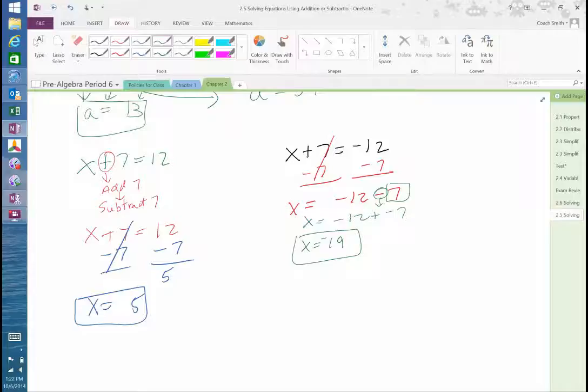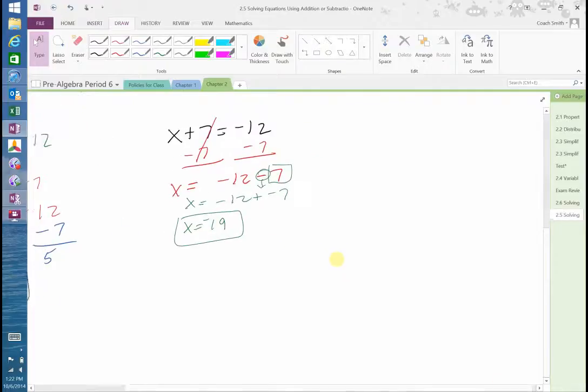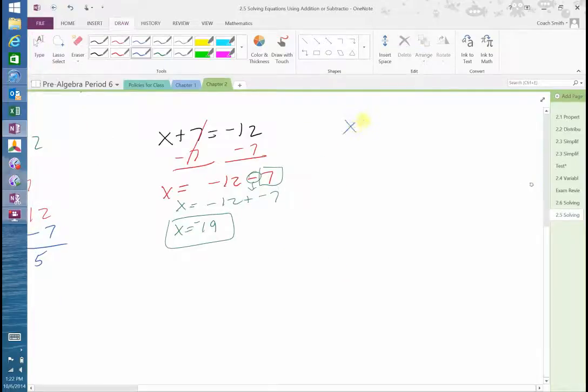I changed it to addition. Let me give you one other example. Let's say it was x plus negative 7 equals negative 12. Most of the time, if they're going to do that, they're going to put it in parentheses. They're not going to leave it as just x plus negative 7. So I have to subtract negative 7 from both sides.